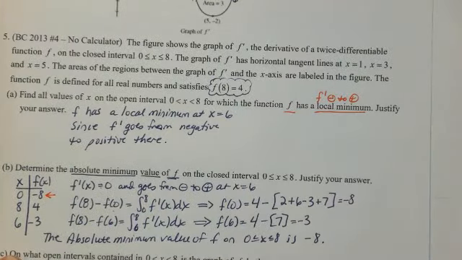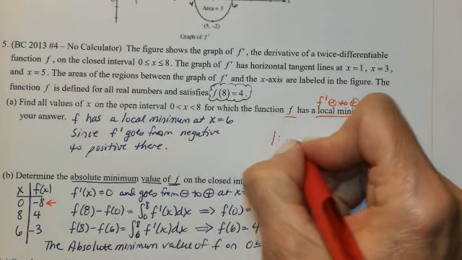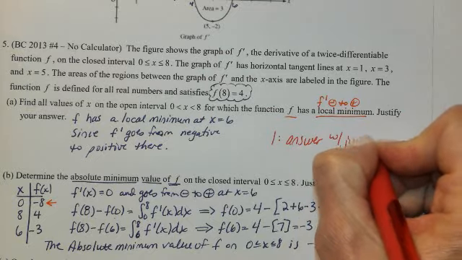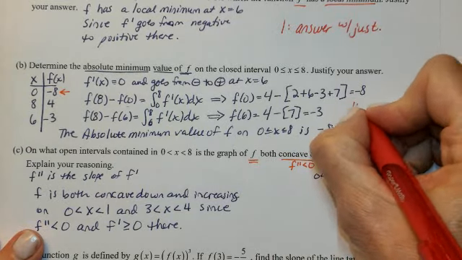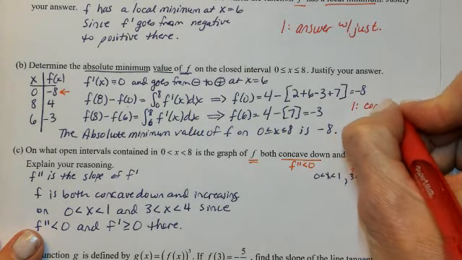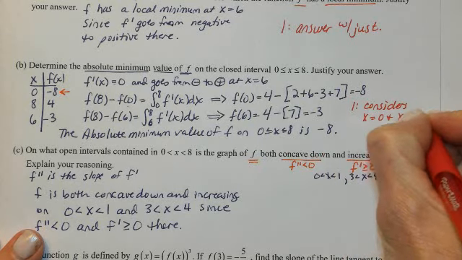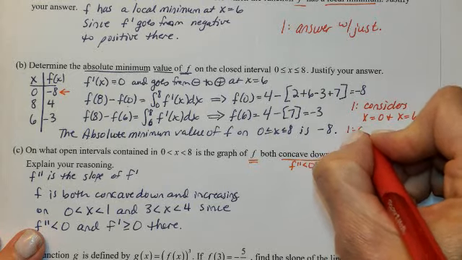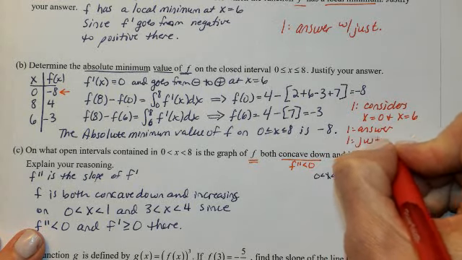Let's take a look at how this was scored. Part A was worth 1 point for the answer with the justification. That was it. Part B was worth 3 points altogether: if you considered x equals 0 and x equals 6, 1 point for your answer, and 1 point for the justification.